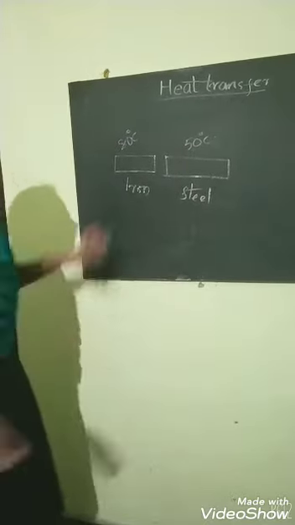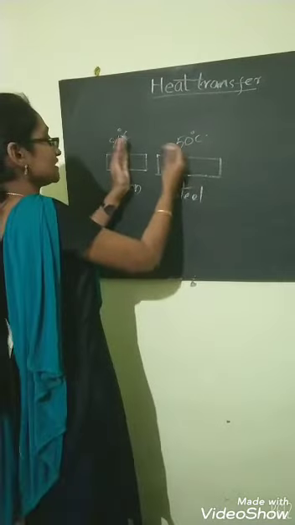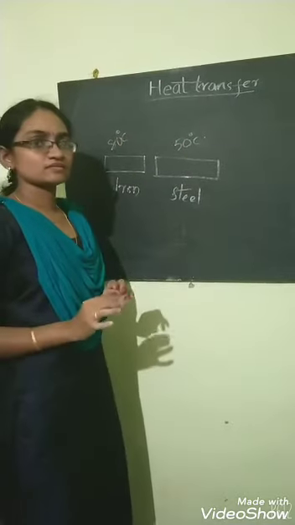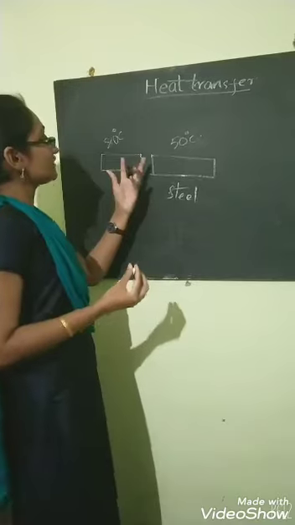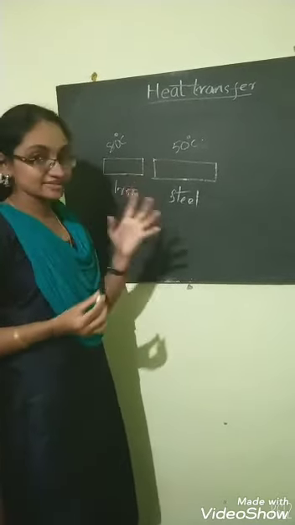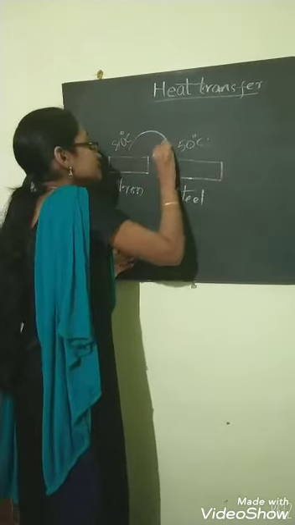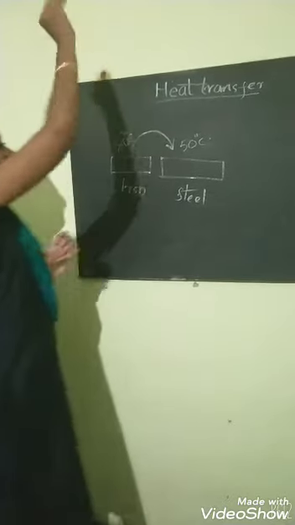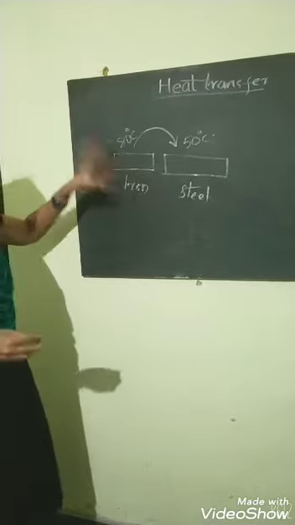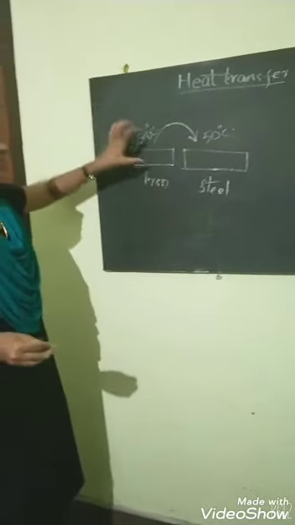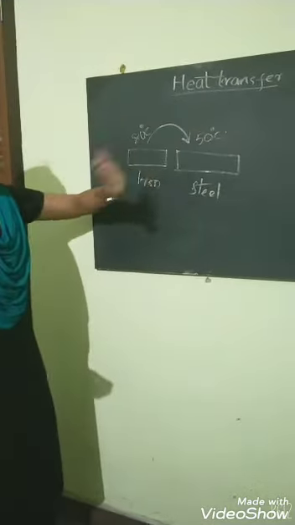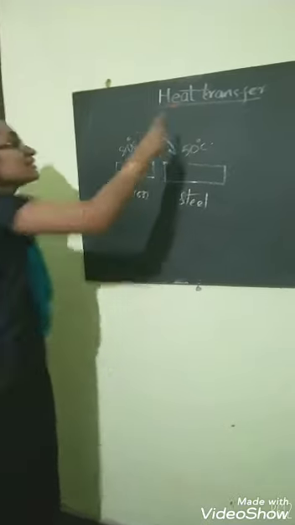So when I join these two pieces, what will happen? Obviously there is a temperature difference, and the higher temperature will flow to the lower temperature. That is, the heat is transferring from the higher temperature body to the lower temperature body. Here heat transfer takes place.